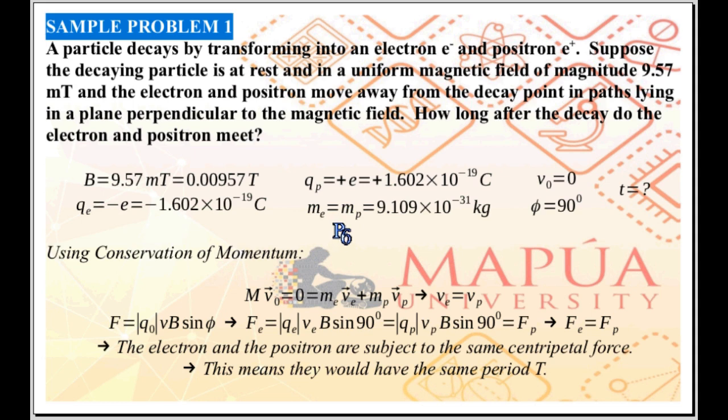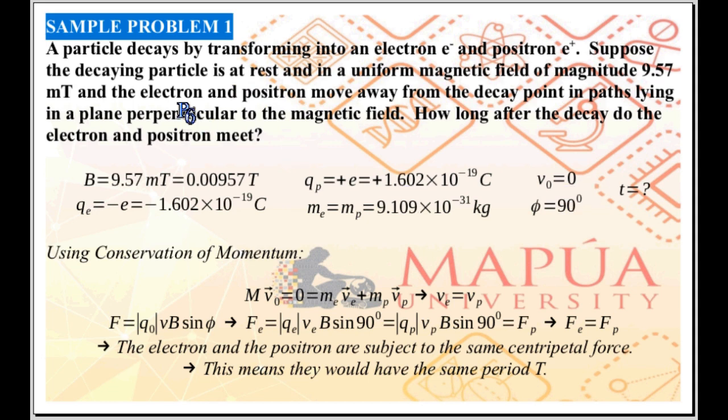Mass of the electron is equal to the mass of the positron, 9.109 times 10 to the negative 31 kilograms. The original particle is at rest when it decayed. So the velocity of the particle when it decayed is 0. The speed of the original particle, V0, is equal to 0.